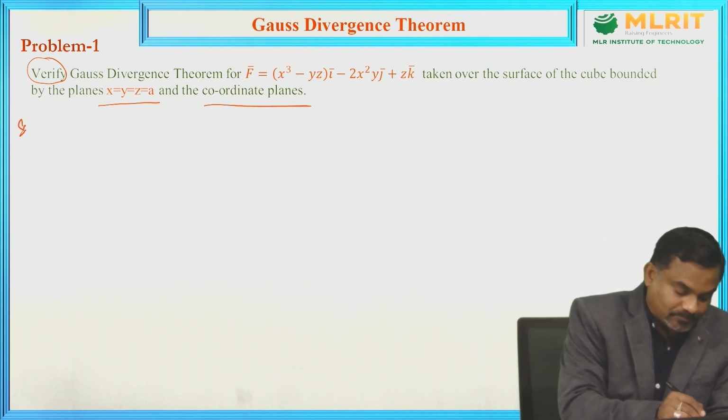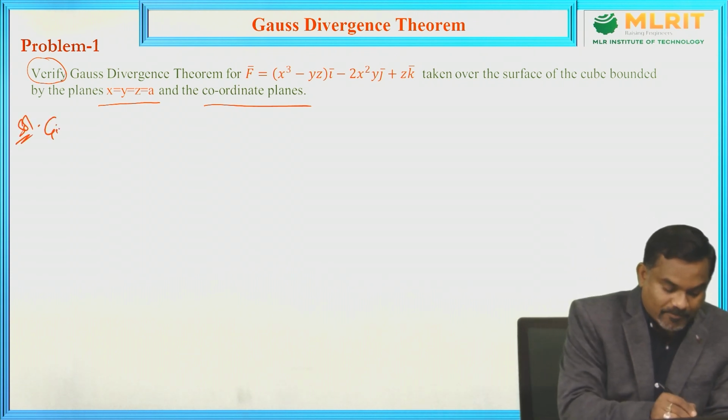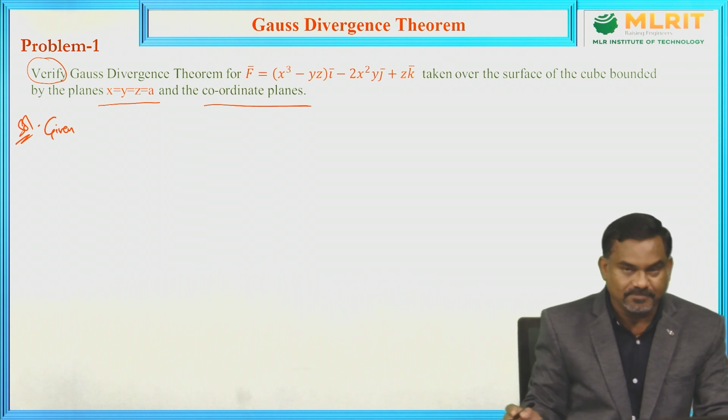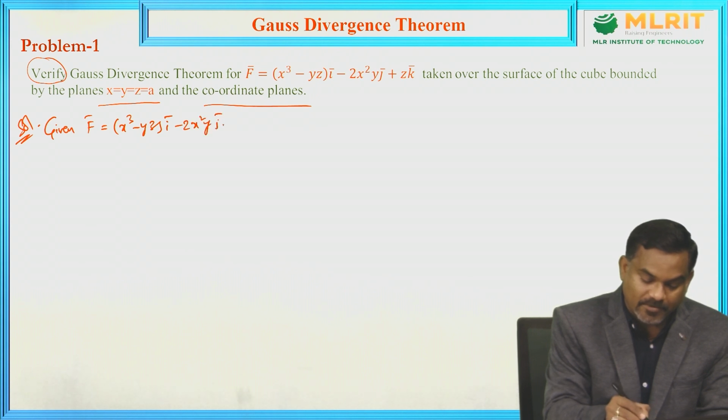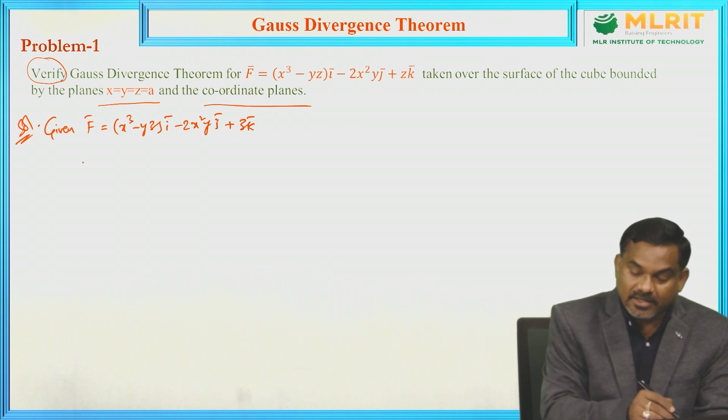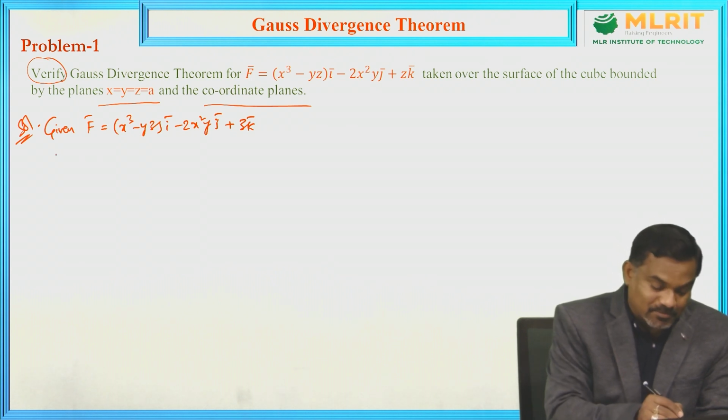So what is given? Given vector function f bar is (x cube minus yz) i bar minus 2x square y j bar plus z k bar, and the surface is bounded by the coordinate planes.